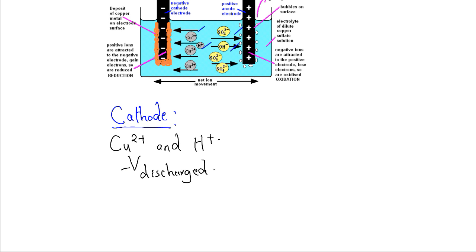Therefore, the equation will be copper 2 ions gaining 2 electrons to form copper solid. That is the equation at the cathode.